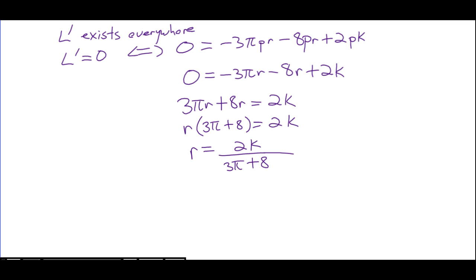Now L is a quadratic function, right? If you look back at L, it's in r squared and r. It's got a negative leading coefficient, right? Negative 3 pi p over 2 r squared minus 4 p r squared, which means it opens down and has a maximum. Okay, so let's write that in, right?